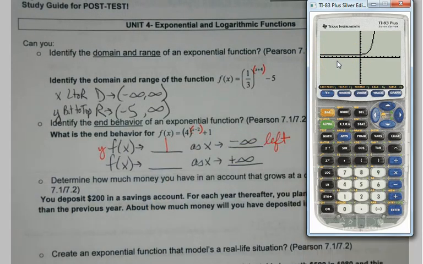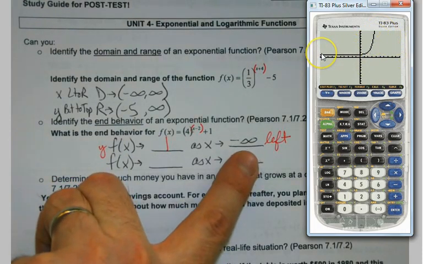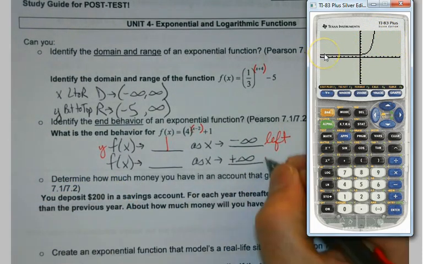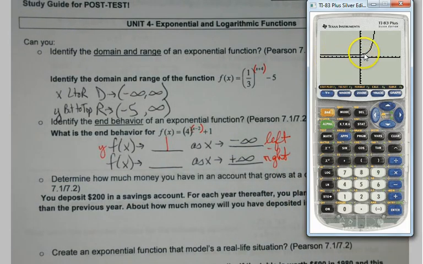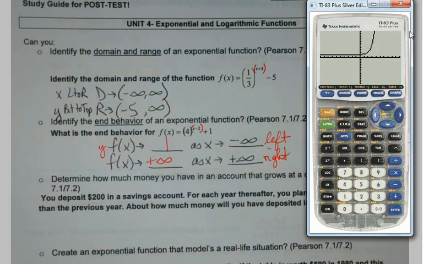So y approaches 1 as x goes left. That's true. Then, as x goes to the right, what happens? y goes up, up, up, up. Positive infinity. I'm just going to follow those things when I'm doing these, and that's basically all that I'm looking at for that one.